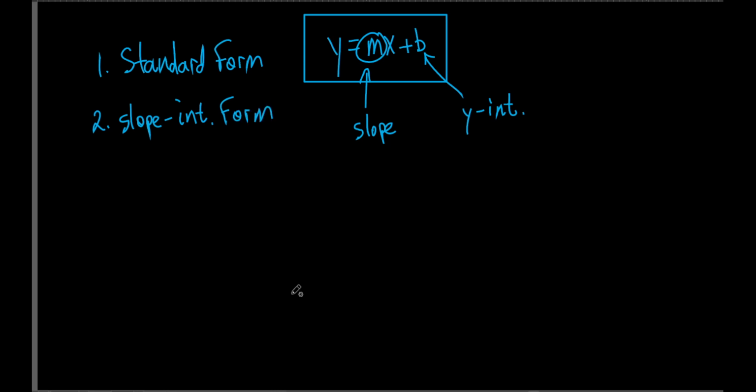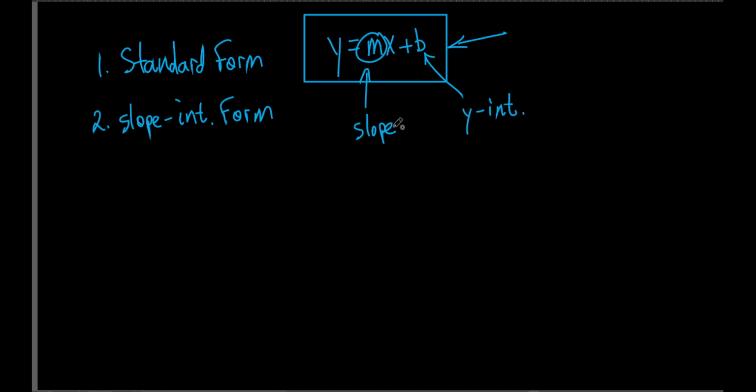There's another form. Okay, we'll learn another day. But today we learned the standard form. Tomorrow we're going to learn the slope-intercept form. Everybody got it? And that's y equals mx plus b. And I'll show you how to work with y equals mx plus b. This is probably the most famous form of an equation of a line. It's the one that most people use most of the time.